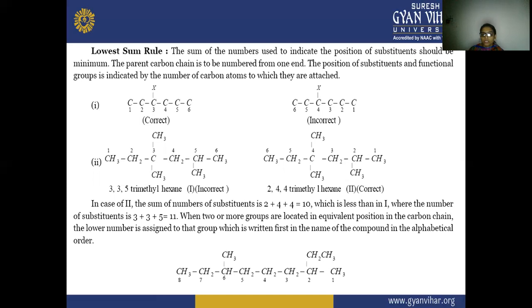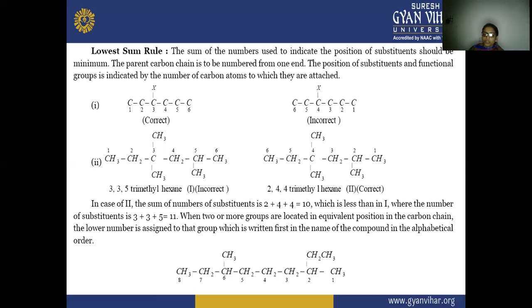So here you can see an example, where on the third carbon atom the X is given, and in the other it is the same. The second one is incorrect and the first is correct, because if we number from the right side of the carbon chain, then X is attached to the 4th carbon atom.